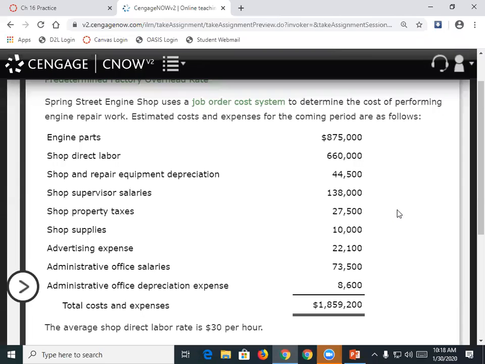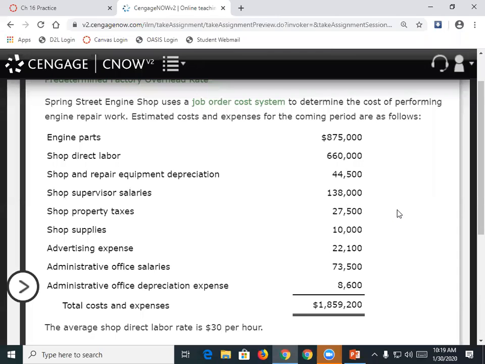Yeah, what we need to calculate is direct labor hours, right? So we want to take our total dollars of $660,000 of labor and divide it by the labor rate of $30 per hour. That'll tell us how many hours we have of direct labor.